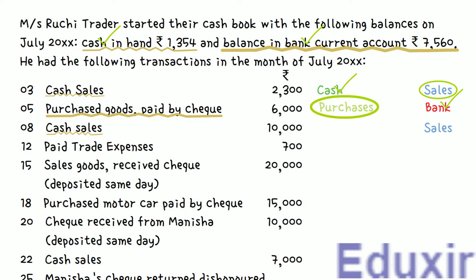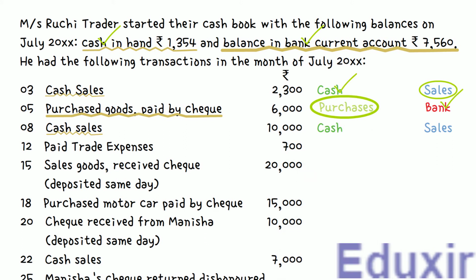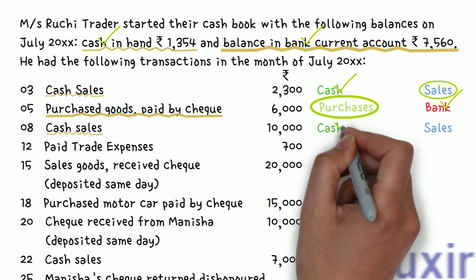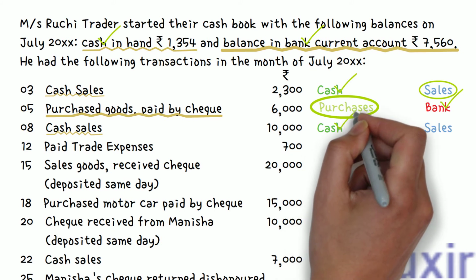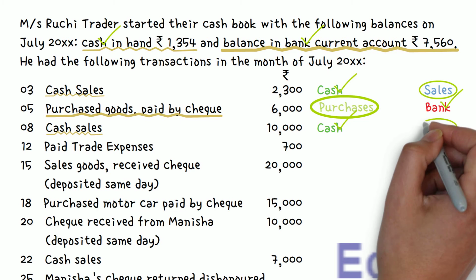The rule to record any increase in the asset is to debit the corresponding assets account. In this case, the cash account should be debited. In this transaction, as you can see, the cash is on the debit side. So it needs to be posted on the debit or receipt side of the cash book and in the cash column. Note that the particular that needs to be posted into the receipts column of the cash book is sales.